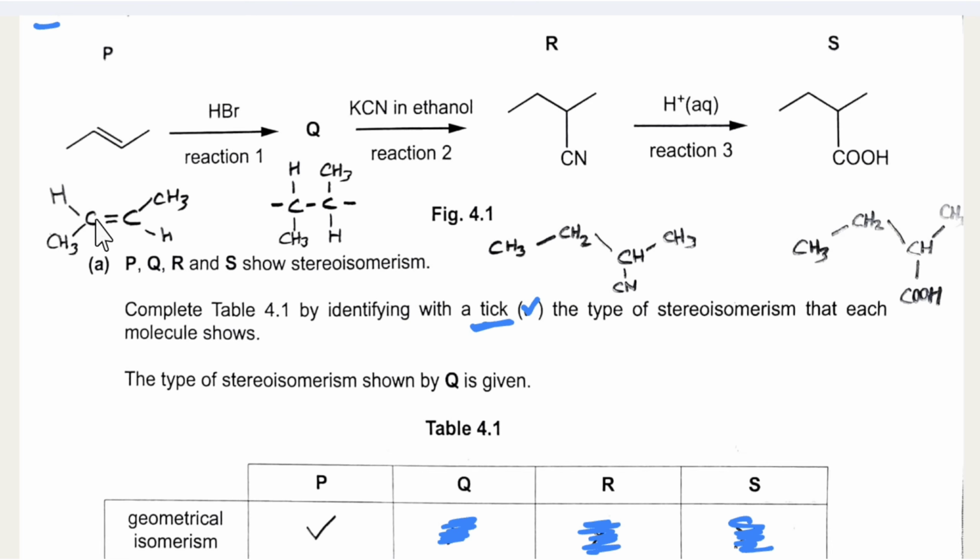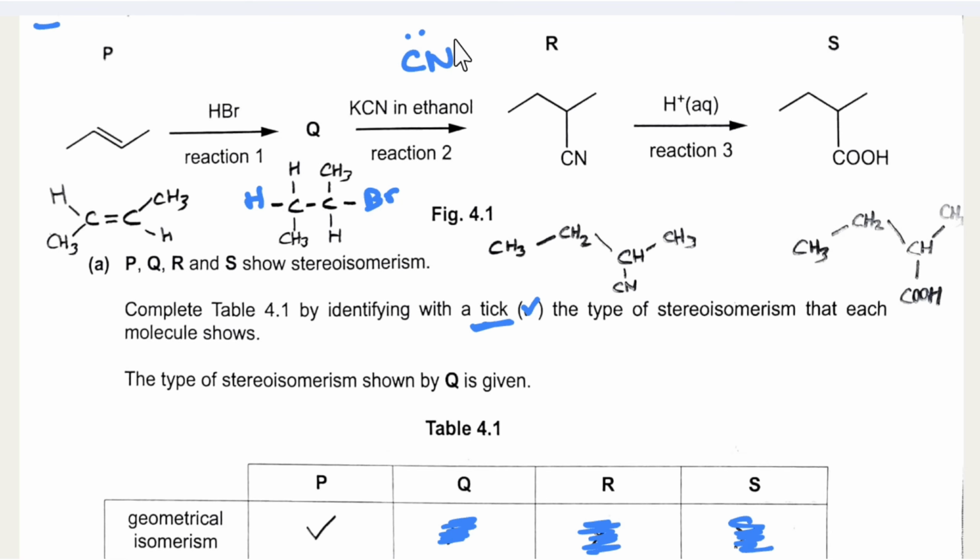And for Q, P reacts with HBr, and due to the reaction the double bond is broken, with hydrogen attached to one carbon and Br attached to the other carbon. Then it reacts with KCN in ethanol, or NaCN in ethanol, to form CH3CH2CHCNCH3, that is, this Br is replaced by CN.